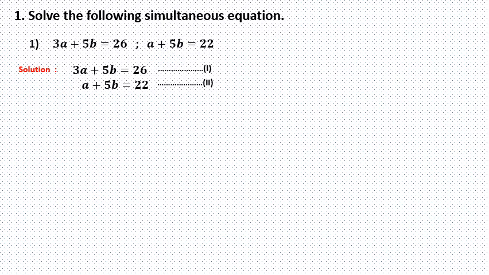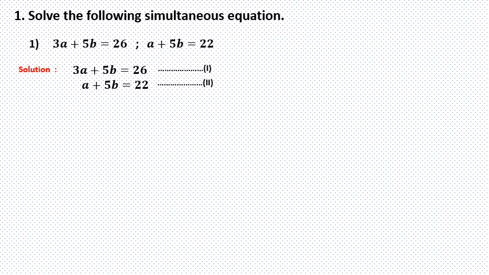What is the second step after giving the numbers to the equations? The second step is to make the coefficient of any one variable the same. If you observe the equations, the first variable is a and the second variable is b. In equation number 1, the coefficient of a is 3 and in the second equation the coefficient of a is 1.